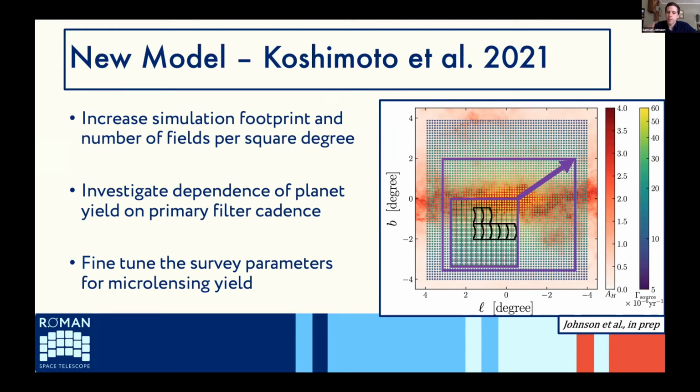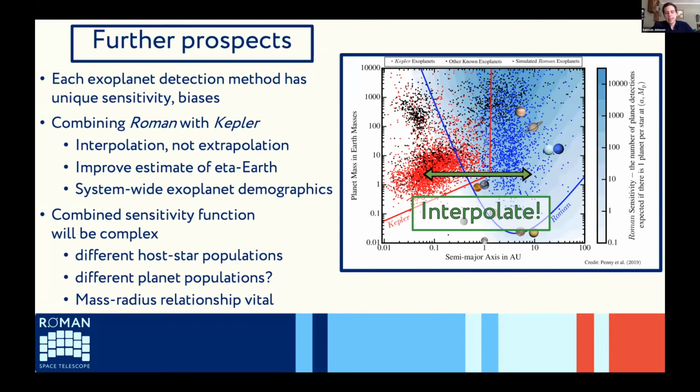So right now, looking into fine-tuning these survey parameters, but this is all sort of leading into what I see as the best prospects for the future for the Roman results, which is combining these microlensing statistics with demographics information from all other detection methods.